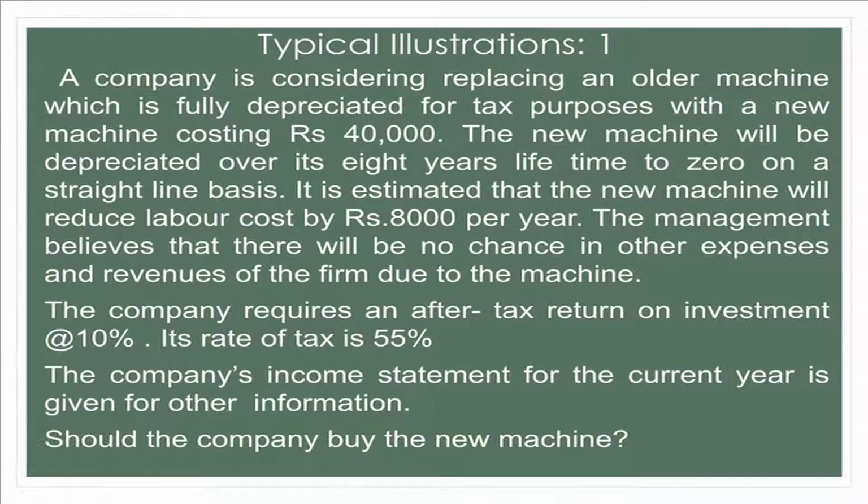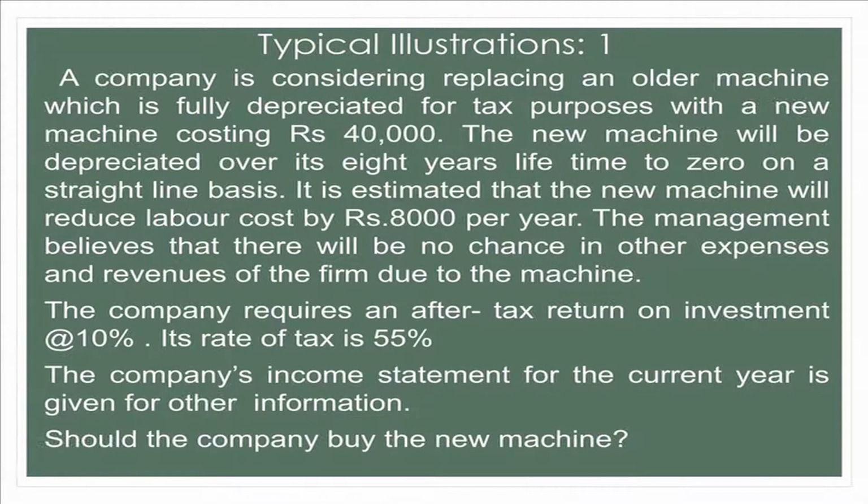The management believes that there will be no change in the other expenses and revenue of the firm due to the machine. The company requires an after tax rate of return of 10%. The tax rate is 55%. The company's income statement for the current year is given in the form of information. Should the company buy the machine?